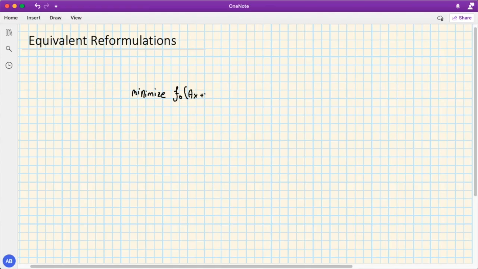So what does that mean? It means that I've got a multi-dimensional function, so let's say I've got m rows in A, and mapping onto R. Well, a simple function could be f0 of x equal to, I don't know, x transpose x, for instance.